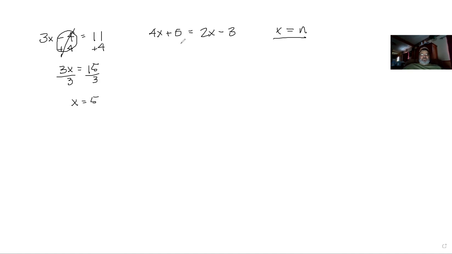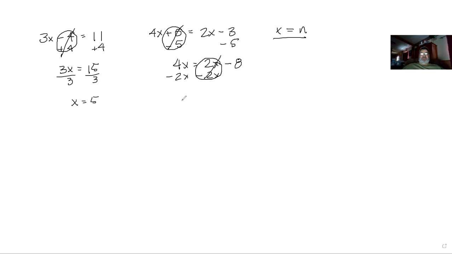So I'm going to go ahead and just start moving things around. These will negate. I'm left with 4x equals 2x minus 8. And then I'm going to subtract 2x from both sides.